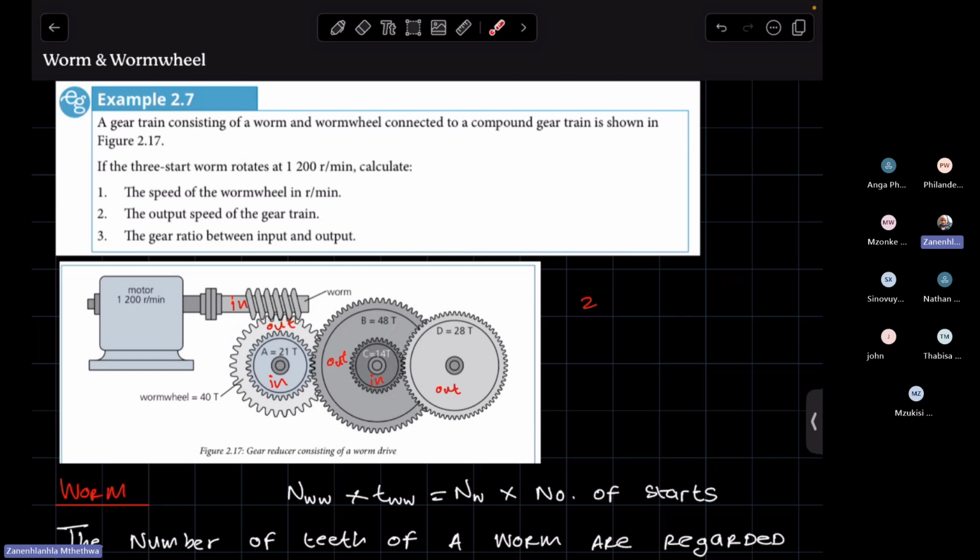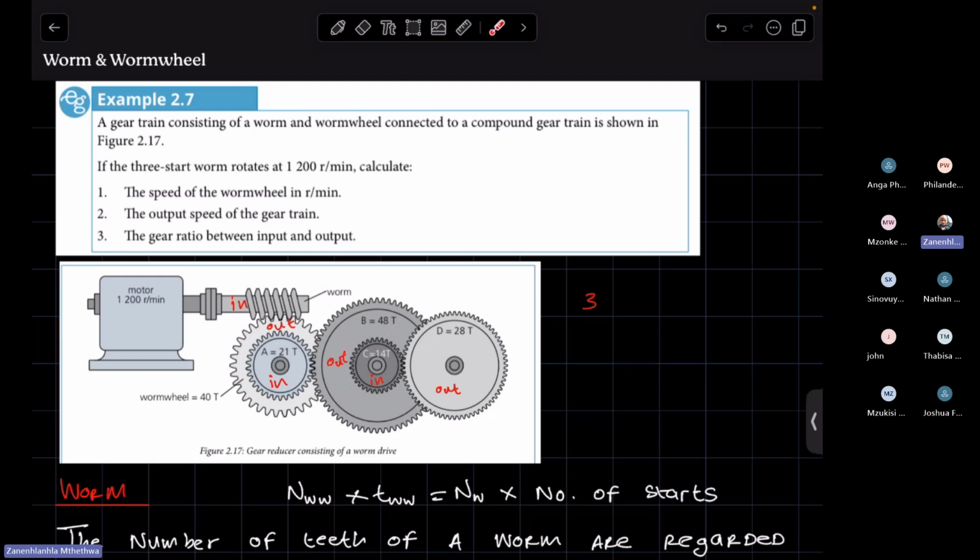If the number of starts is three, this tells us that for every revolution the worm makes, the worm wheel will rotate by three teeth.